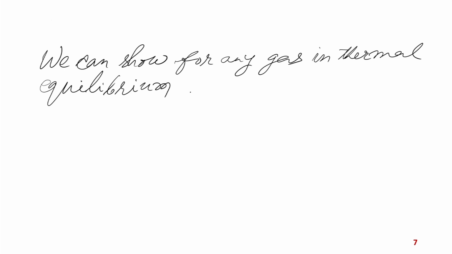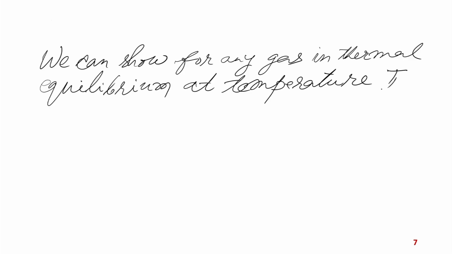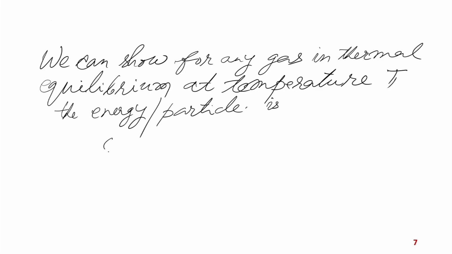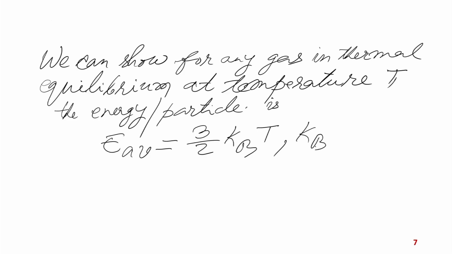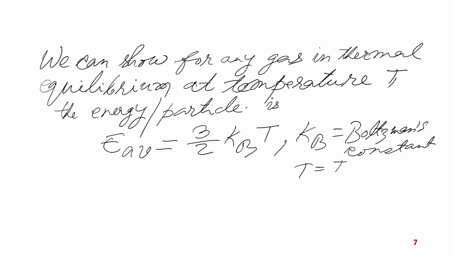So, all the particles you can assume are at a uniform temperature T. At equilibrium at temperature T, the energy per particle E average is equal to 3 by 2 k_B into T, where again k_B is Boltzmann's constant and T is the absolute temperature.